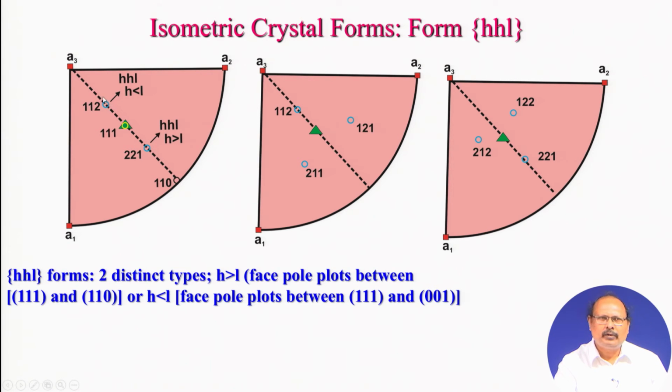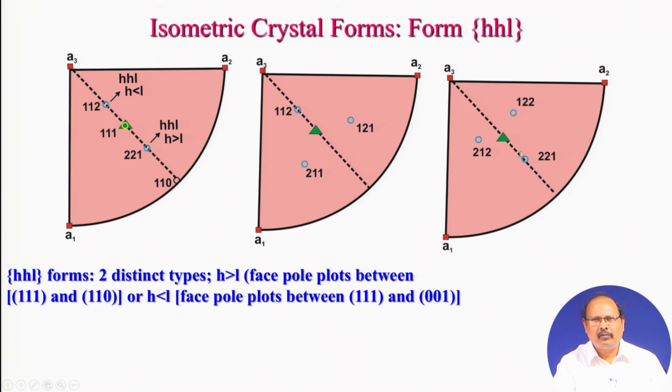So, what you can do is start with one situation, that is H less than L, meaning you start with 1 1 2. Since this does not coincide with the position of the triad axis, the triad will act upon it and produce 2 motifs, one here and the other here, through 120 degree rotation, and we will call them 2 1 1 and 1 2 1.